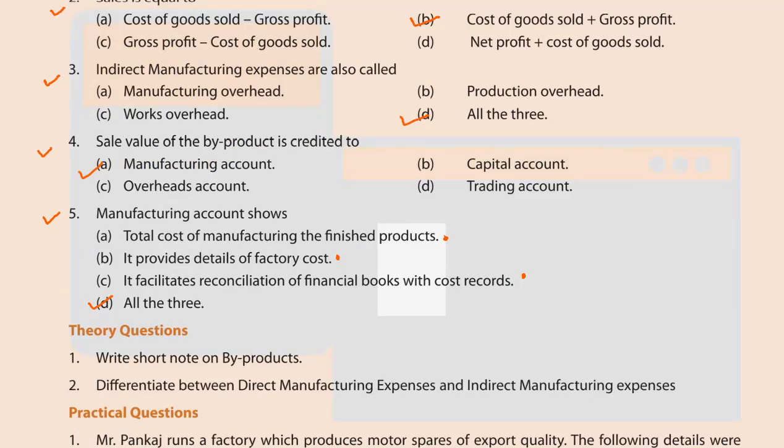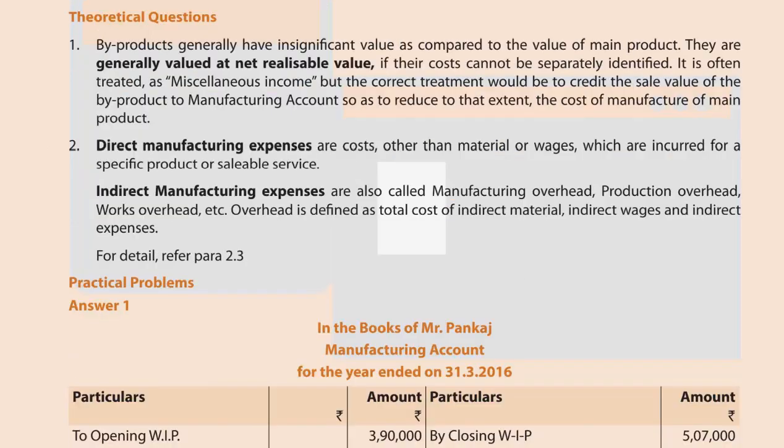Next question, theoretical. Write a short note on byproduct. And question number 2, differentiate between direct manufacturing expenses and indirect manufacturing expenses. Byproducts generally have insignificant value as compared to the value of the main product.